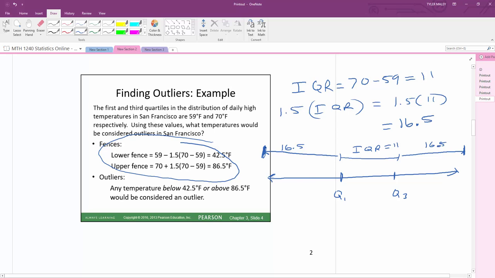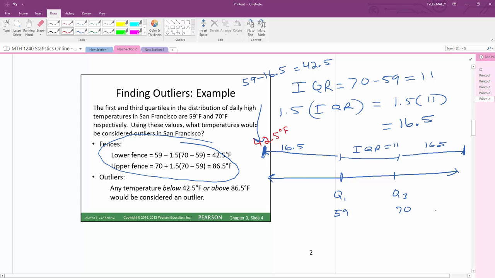So I want to find what these fences are. Q1 was 59, and Q3 was 70. So this value here would be equal to 59 minus 16.5, so we get 42.5 degrees Fahrenheit.